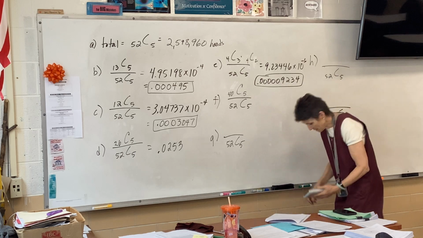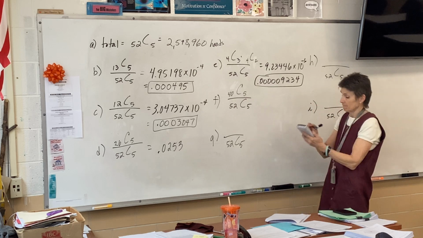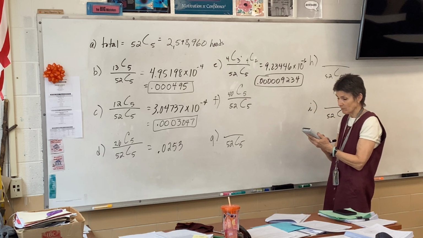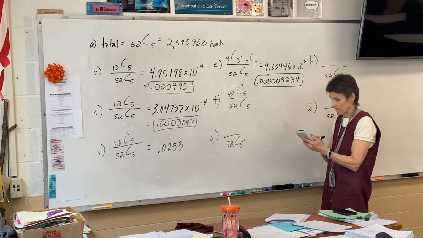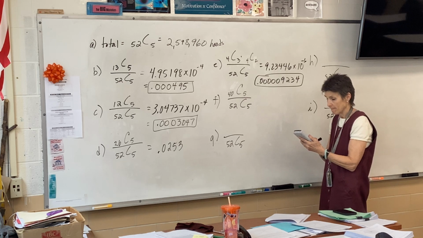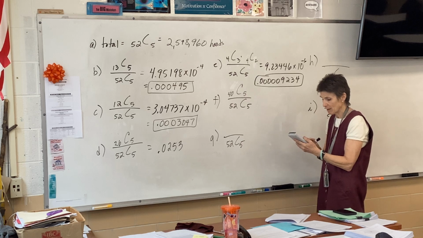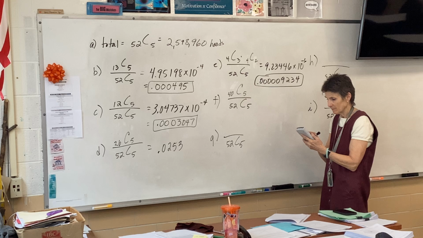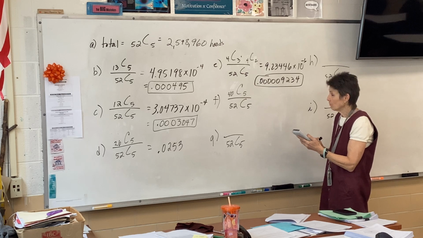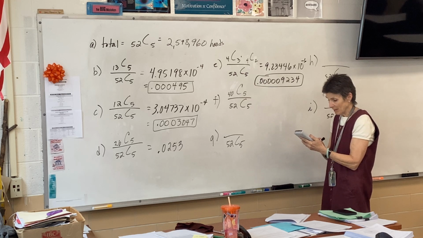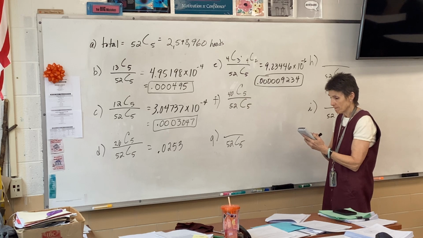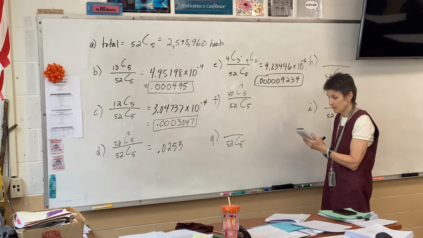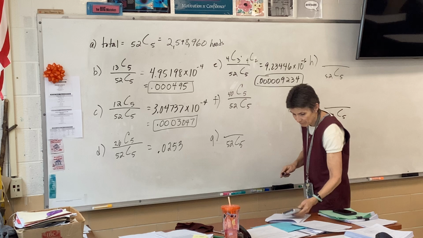And that will be, it's going to be a bigger number than we've had so far. I keep pressing that wrong button. I don't know what's wrong with me. So 40C5 divided by 52C5. 0.25318.